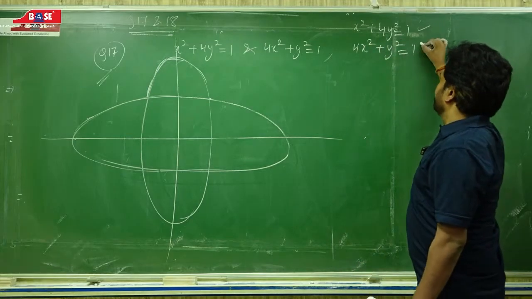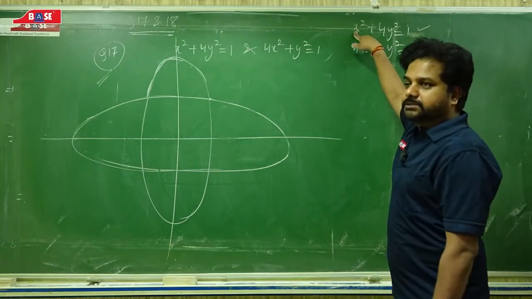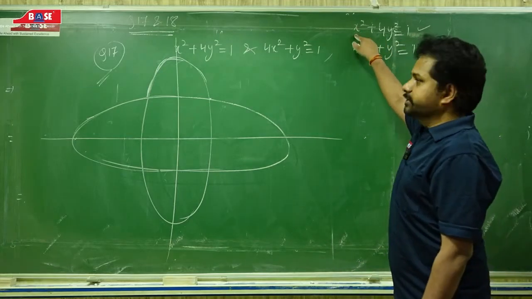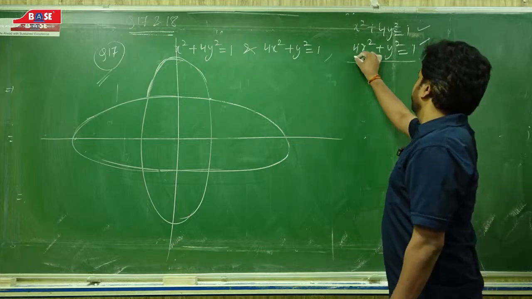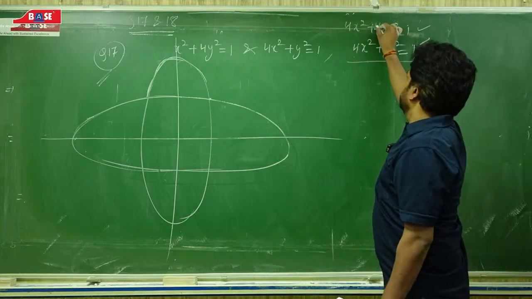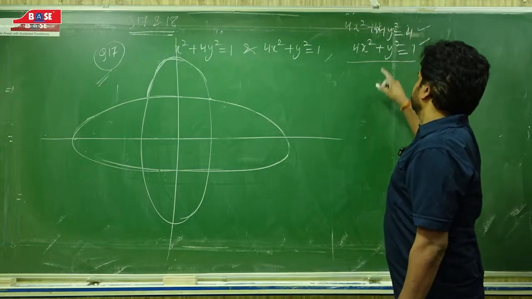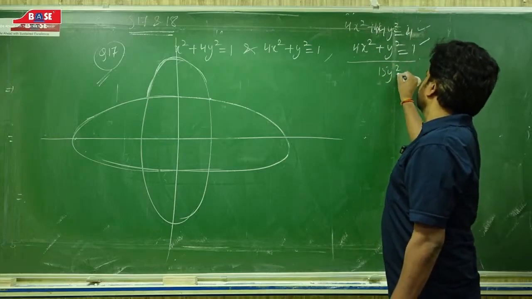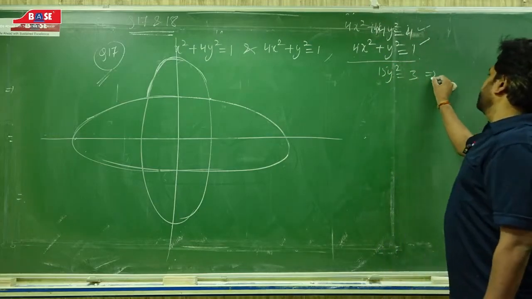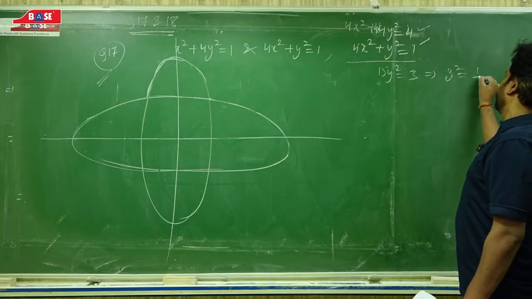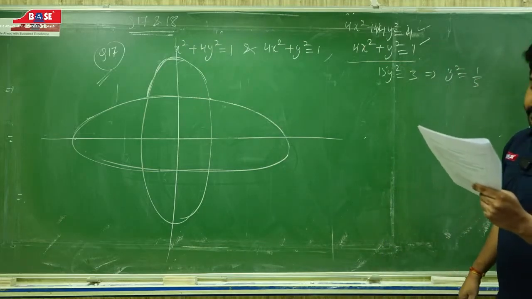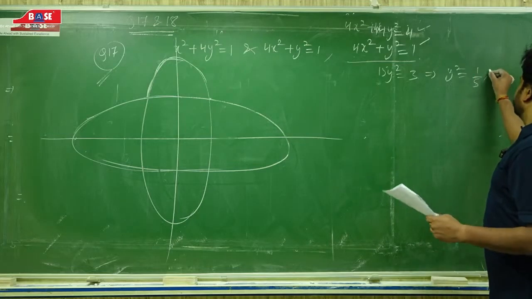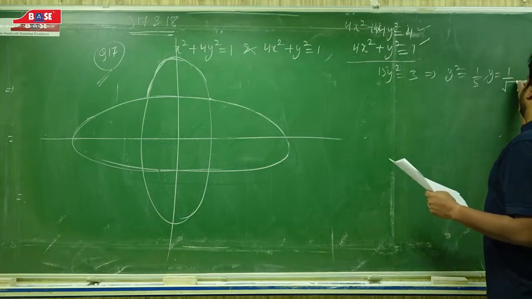So I can directly find the point of intersection: multiply this equation by 4, so both the coefficients of x will be the same, right? So when we subtract, this will become 15 y square, which equals 3. So from here I'll get y square equals 1 by 5. Correct? And since we want the point in the first quadrant, I can say y equals 1 by root 5.